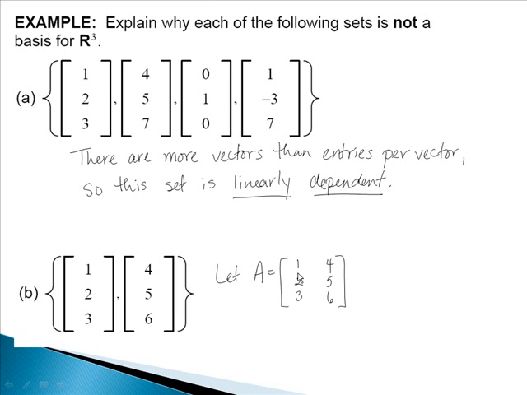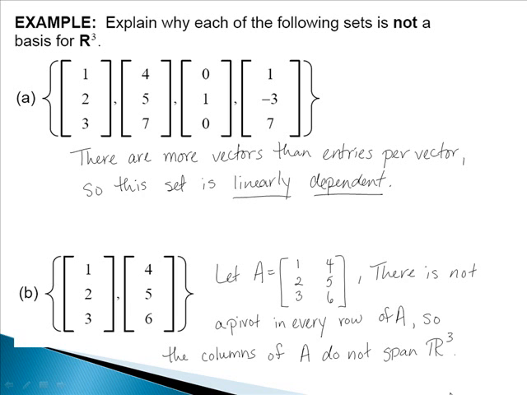But since there are 3 rows and only 2 columns, without doing any row reduction, we know there cannot be a pivot in every row of A. So then, using Theorem 4 from section 1.4, we know that the columns of A do not span R3, and so this set is not a basis for R3.